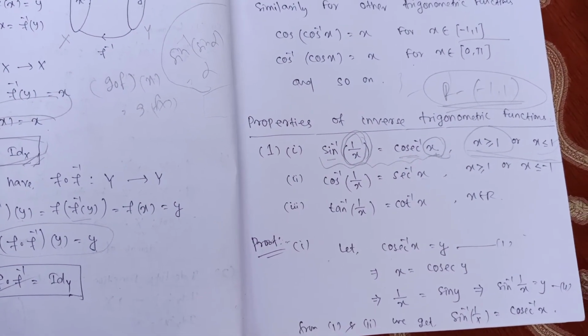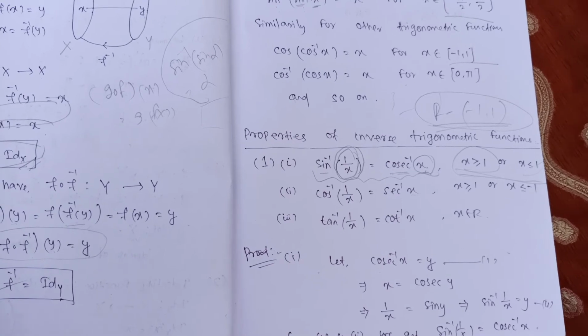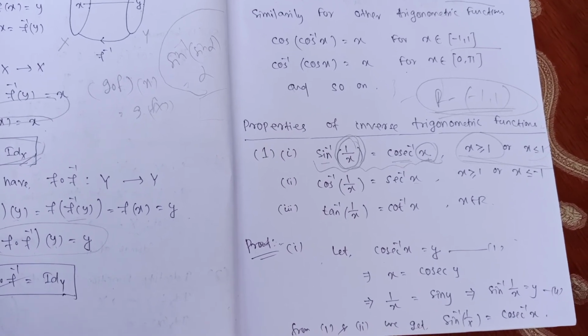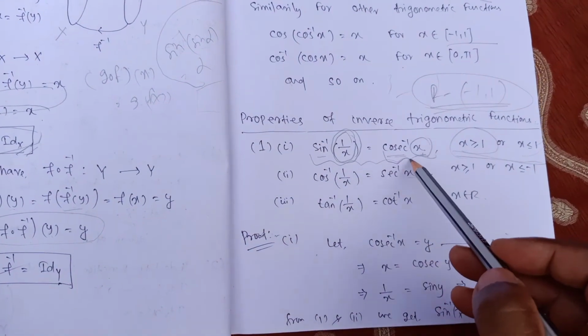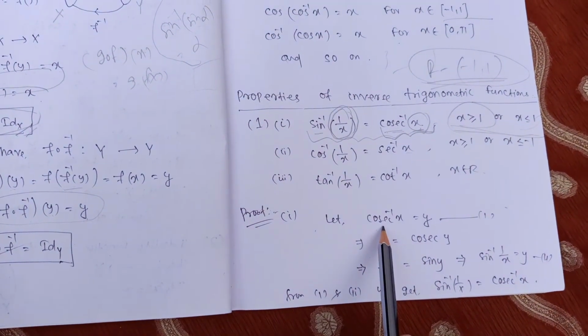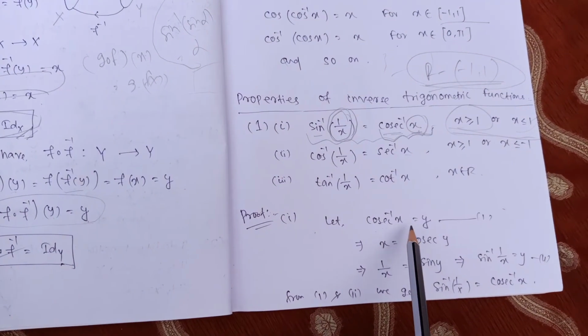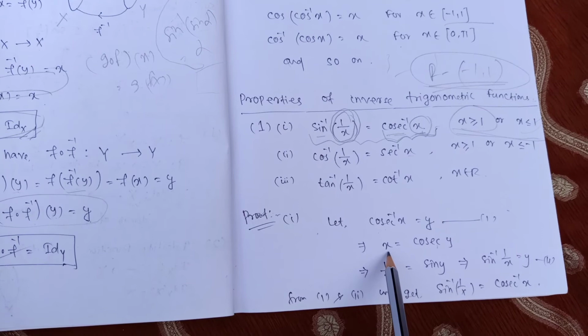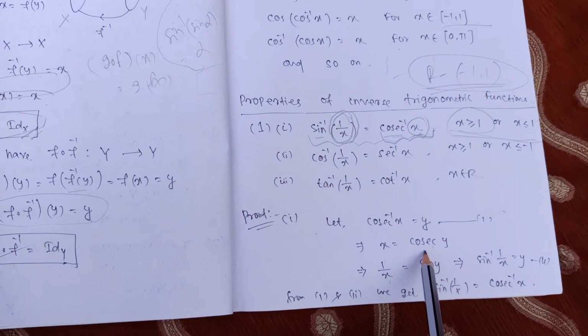So we have to prove that sine inverse of 1 by x is equal to cosec inverse x. How to prove it? Consider cosec inverse x as y. So if the cosec inverse goes to the right hand side, x is equal to cosec y, and the reciprocal of x, 1 by x, is equal to the reciprocal of cosec, which is sine.